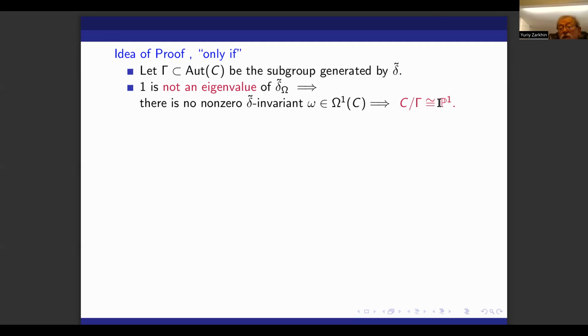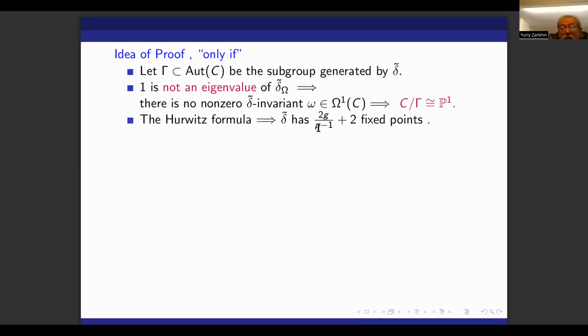If we got a curve of higher genus, then it would have a non-zero holomorphic form, and we could lift it to C and get a gamma invariant form. Now, by Hurwitz's formula, gamma has order p because all the automorphisms here have period p.